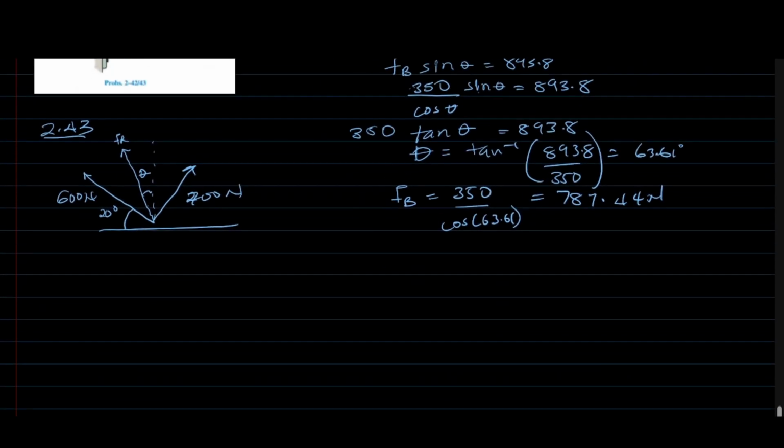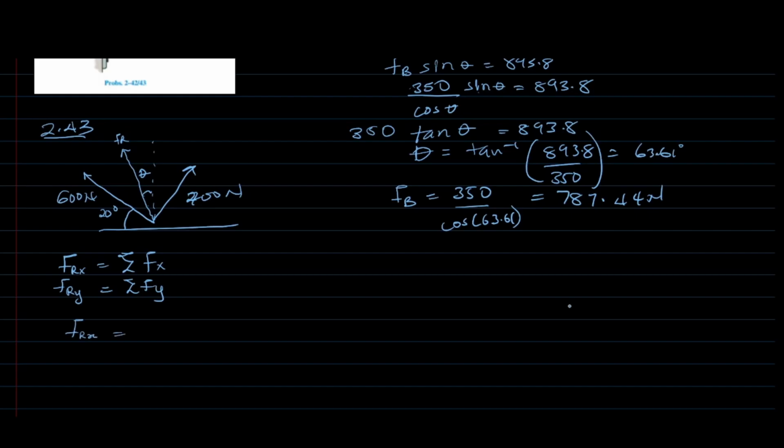So if we were to solve this, again, I'm going to use the first rule I mentioned to you. The resultant x component is equal to the sum of all the x components of the component forces. And the same goes for y. Now, FRx is actually unknown. This time we actually do not know it.